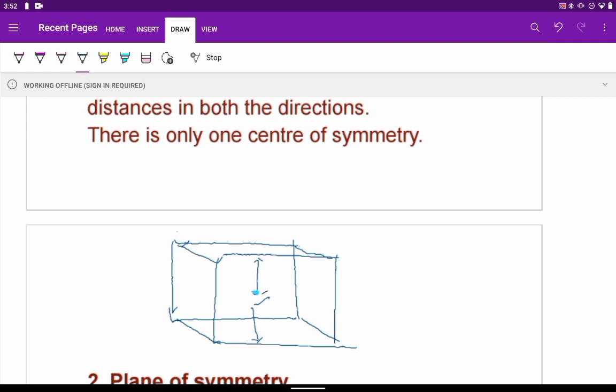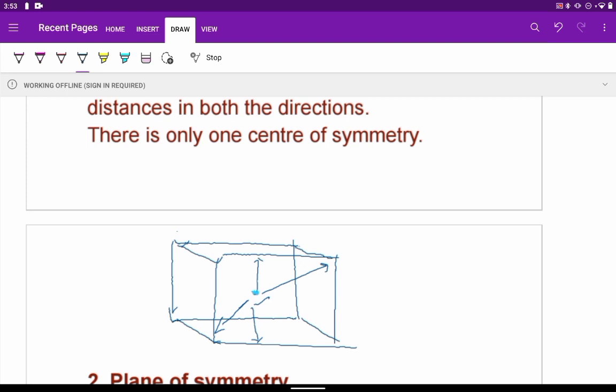From here, if you move this side or you move to the other side, again you will get similar points. Then it is called the center of symmetry, which means we get similar points on opposite sides which are equidistant from the center of symmetry.